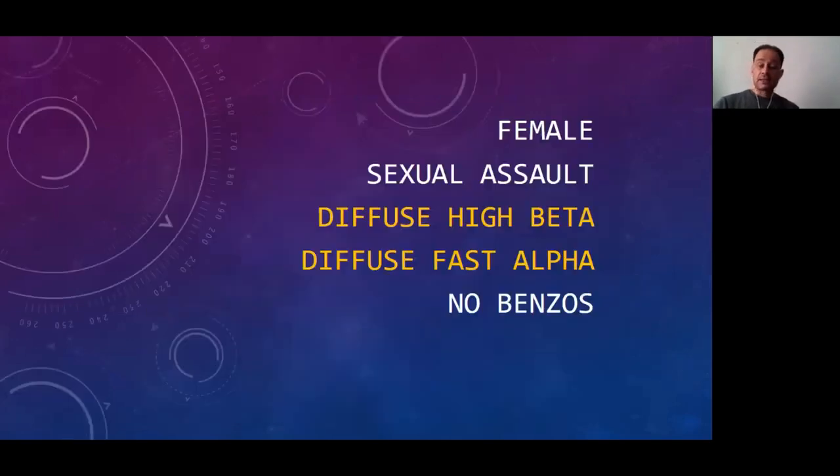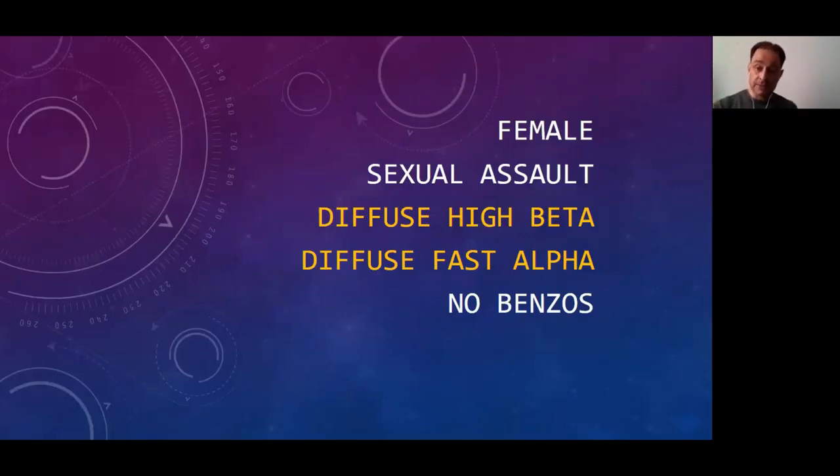Let's look now at some EEGs of trauma victims. This is a female victim of sexual assault, and she has diffuse high beta and diffuse fast alpha. It means it's highly distributed. It's all over the brain. When I say no benzos, it's because this person is not taking benzodiazepines as part of the pharmacological regime, because benzodiazepines increase fast brainwaves.